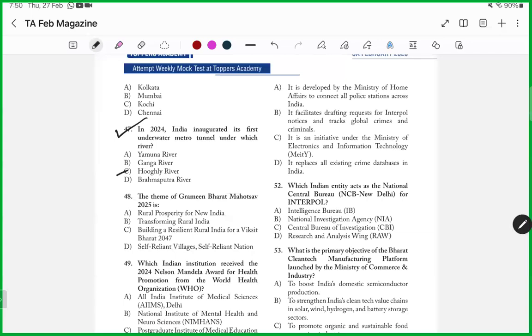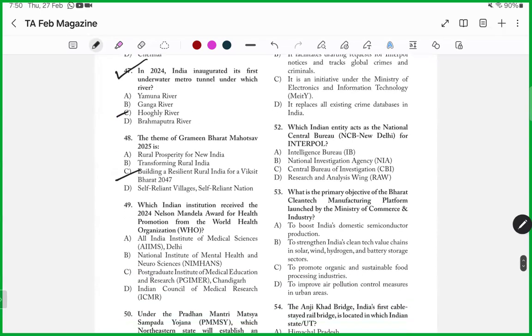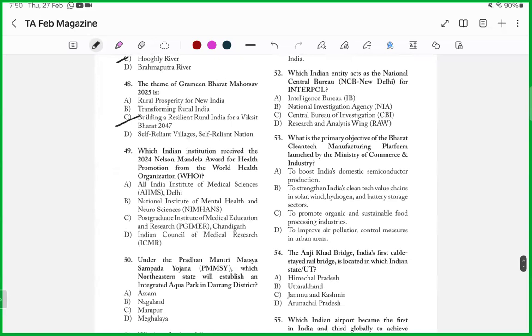Then the theme of Gramin Bharat Mahotsav 2025, repeat what it was. Which Indian institution received the 2024 Nelson Mandela Award for health promotion from the World Health Organization, WHO? NIMHANS.